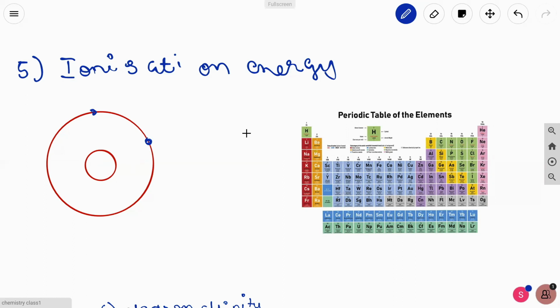So as we go down a group, there is a net decrease of nuclear force, and we just need to give less energy to overcome the nuclear force on the valence electrons. So down a group, the ionization energy decreases as the nuclear charge on each valence electron decreases.